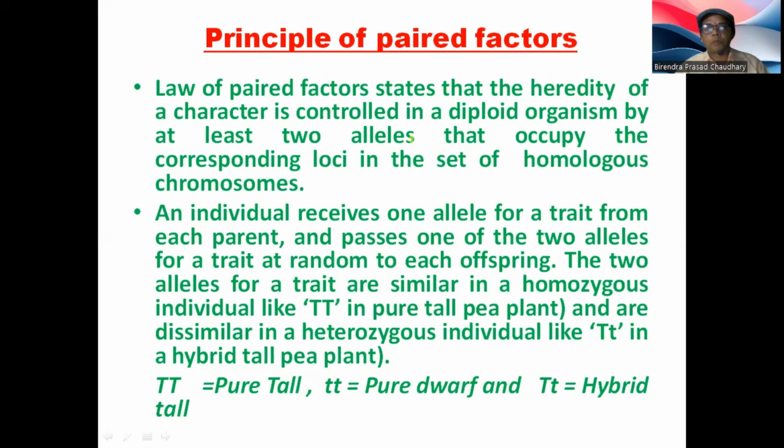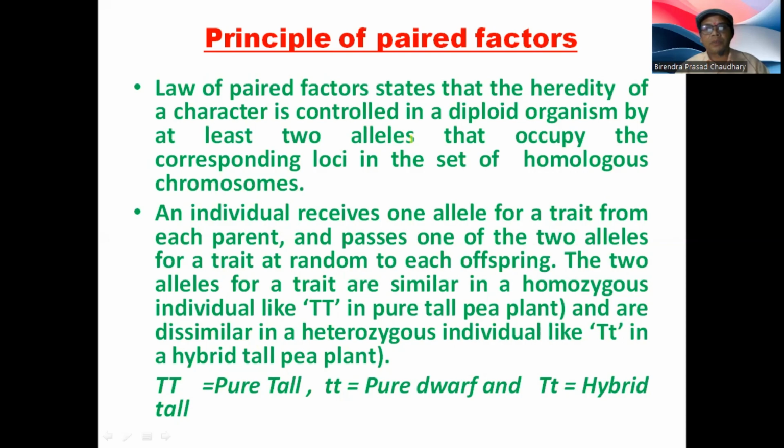So the main focus of this law is that Mendel showed that the inheritance of any single character, or biological trait, is done only by a pair of alleles. A pair of alleles is required for the inheritance of a single biological trait. And such a pair of alleles is present at the corresponding loci in the set of homologous chromosomes.